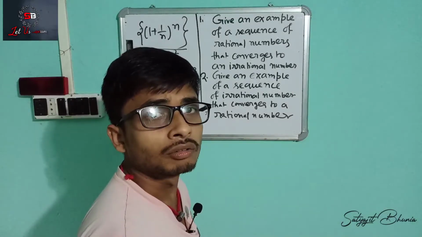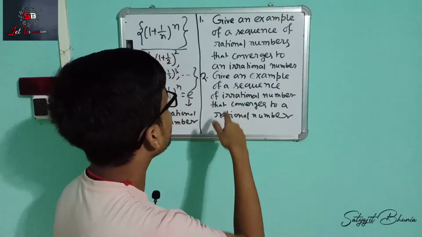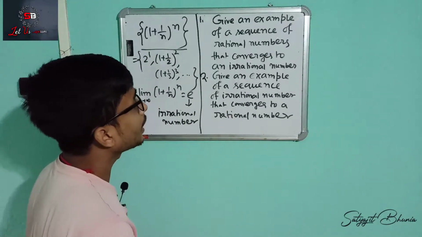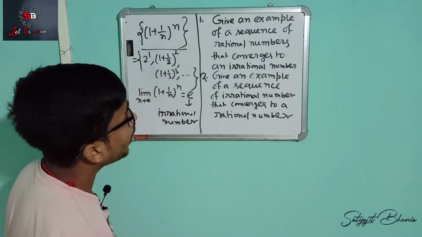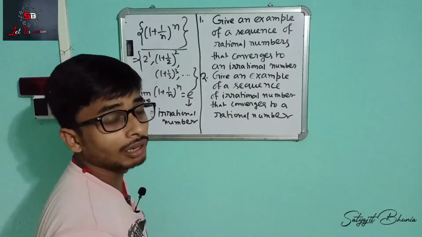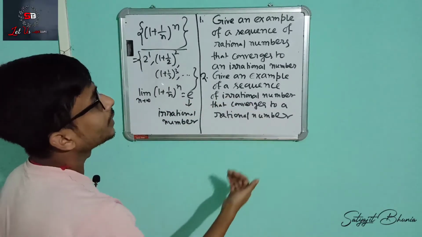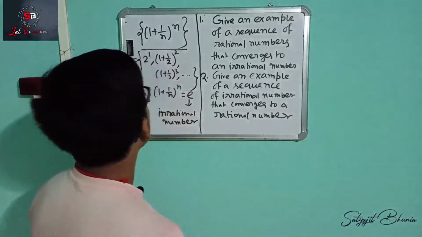Okay, now we are going to move to the second question. Give an example of a sequence of irrational numbers that converges to a rational number. Okay, so the opposite of the first question.